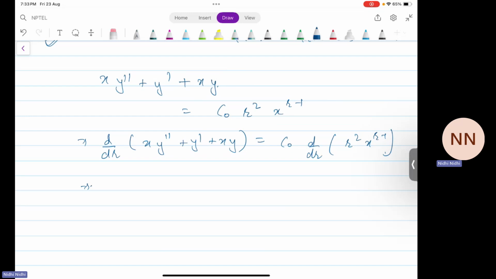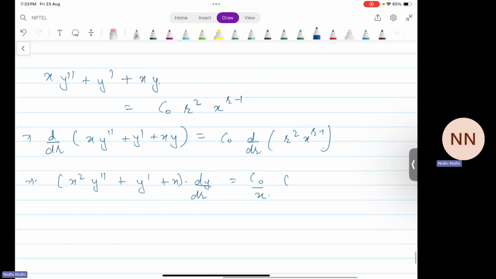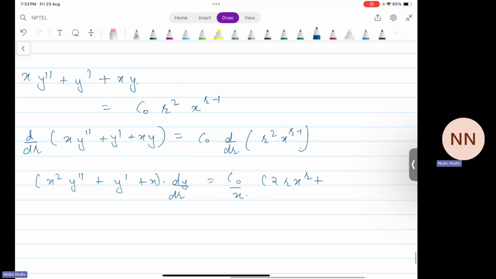Just applying the chain rule, you get x times d y by dr is equal to c naught by x, just using the product rule, 2r x to the power r plus r square x to the power r log x.